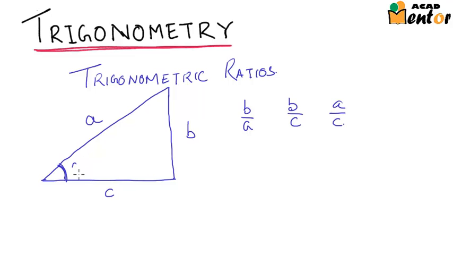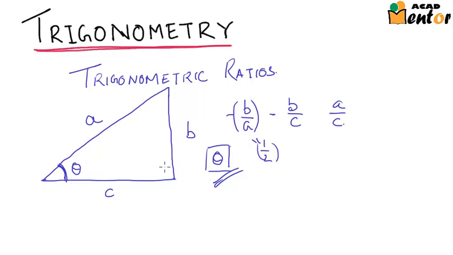So if this angle is theta, then these ratios only depend on the value of theta and remain constant for a particular value of theta. So for 30 degrees, if B by A is 1 by 2, then it will remain 1 by 2 for any triangle where theta is 30 degrees.